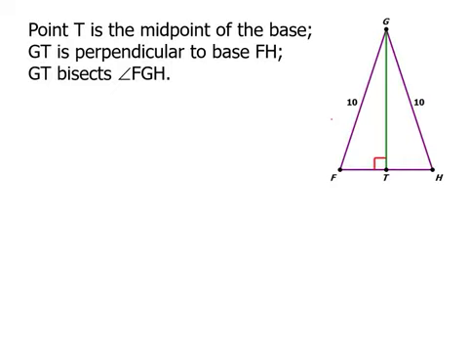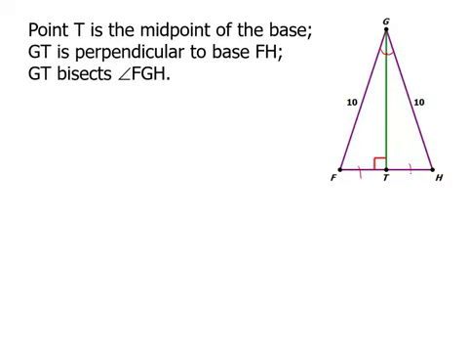That means that GT is perpendicular to the base at F, and it means that GT bisects the angle at G. And so we know that we get equal angles up here. We know that these two segments are equal. We know that all of these qualities are true all at once because it's an isosceles triangle.